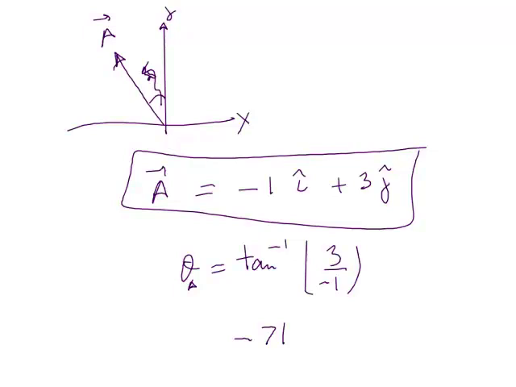Can this possibly be true? Is the direction of vector A negative 71? Remember, the convention is if you start from positive x going counterclockwise, your angle is positive. If you go clockwise, your angle is negative. There is no way, right? Okay, so we need to fix that stupid calculator.